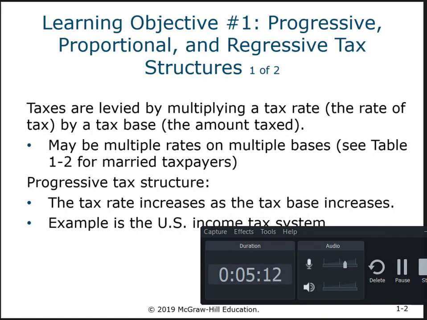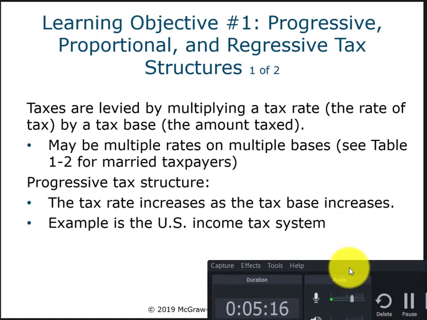All right, so how do we calculate tax, and a little bit about the different ways that we might do that, okay? Taxes are levied by multiplying a tax rate by the tax base. So a percentage that you need to pay, a percentage of your income times the amount of income, okay?